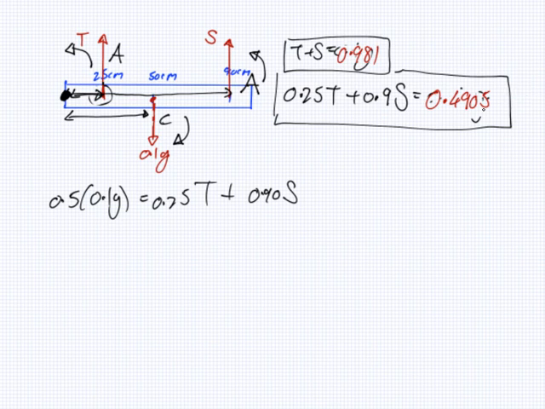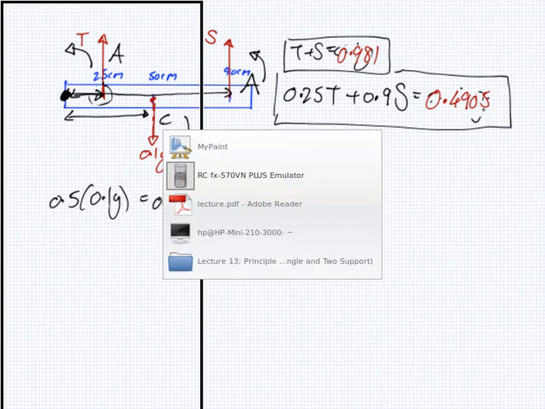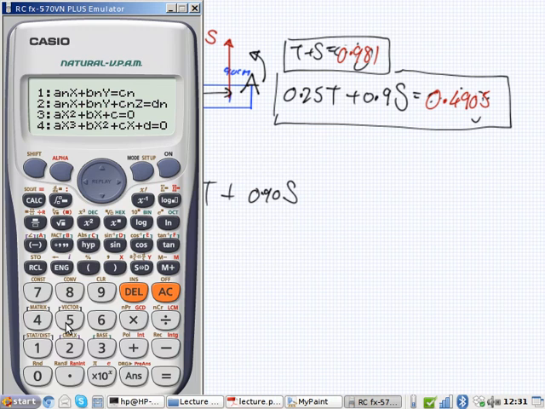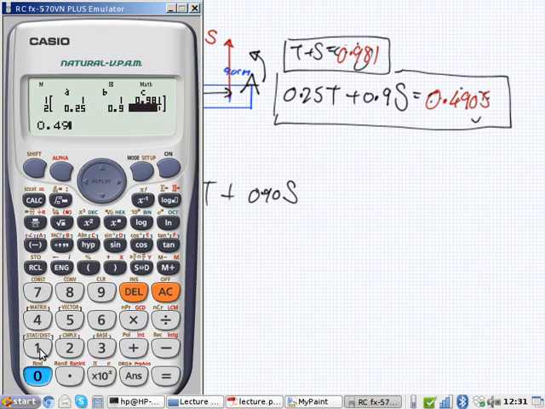Okay, so you know how to solve this from math class. Let's take a shortcut and use the calculator. Mode 5, 1. And let's see, do we get the same answer?